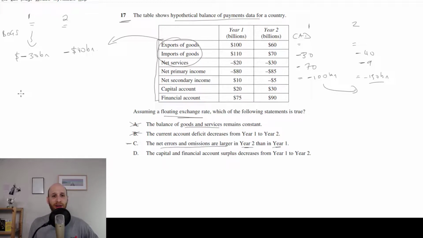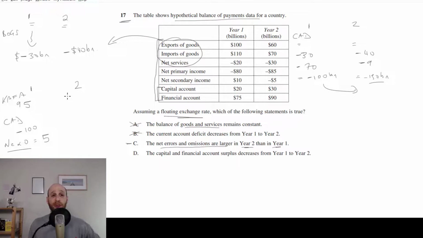So if we look at year 1, we can see that the balance on the capital and financial account is 95, right? And we know that the CAD is -100. So net errors and omissions, what it takes for them to balance each other, will be 5.